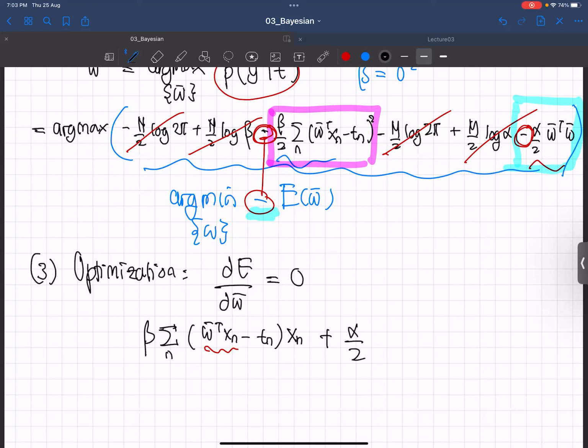It is still alpha divided by 2 times d(W transpose W)/dW bar, which equals what? 2W bar. Anyone confused with this? W transpose W equals what, actually, in scalar? It's W squared. So that's why this becomes 2W bar, and then you cancel the 2 here.